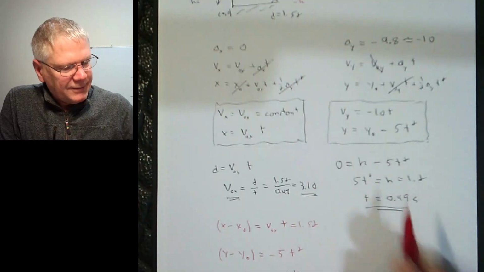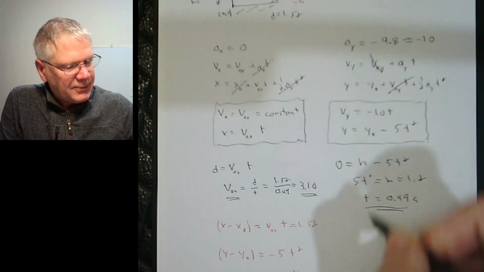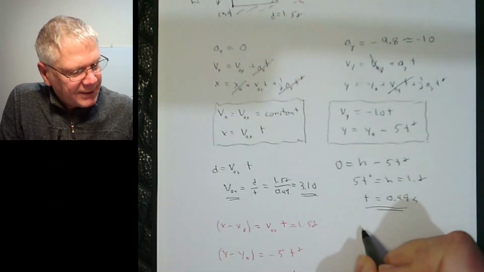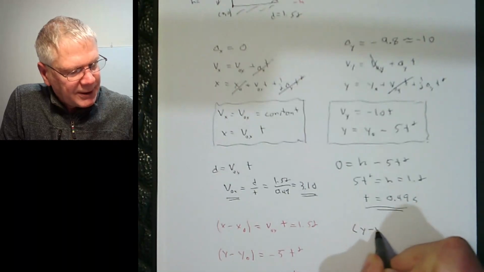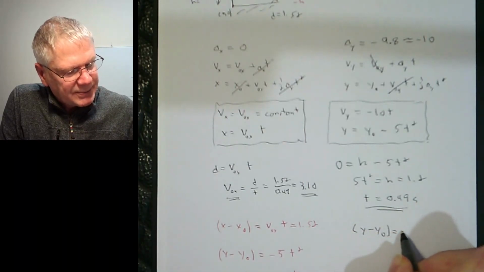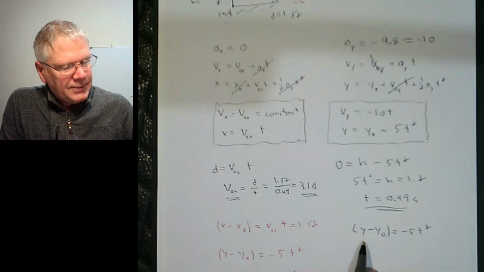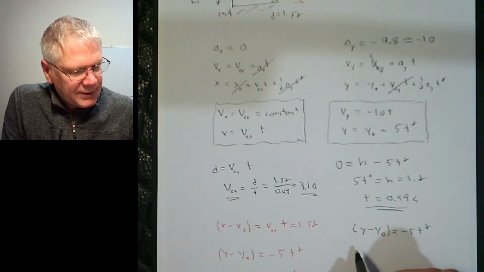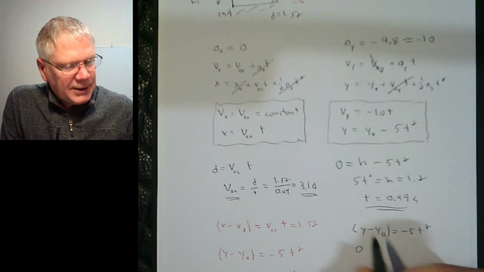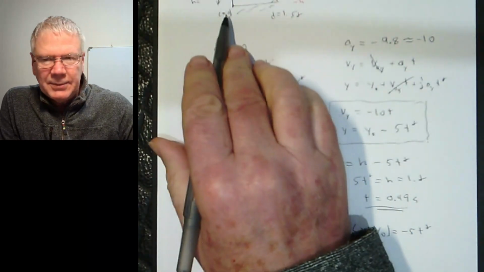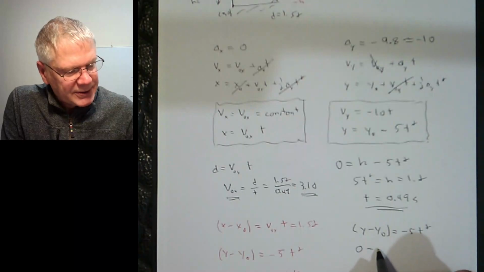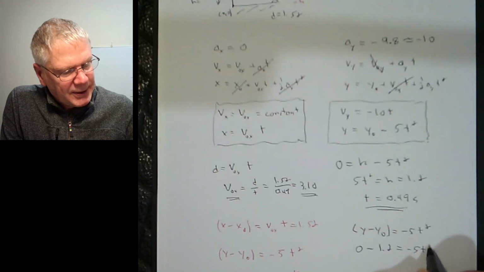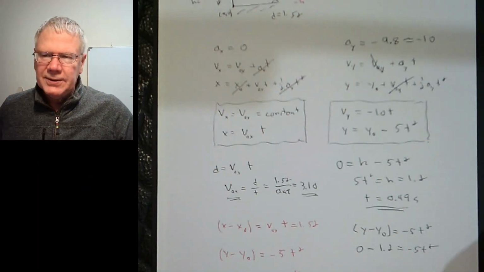If I did this one up here the same way, I would have y minus y0 equals minus 5t squared. Well, now y at the end is 0, and the initial y with the black ink in the original version was 1.2. So I end up with the same thing either way.